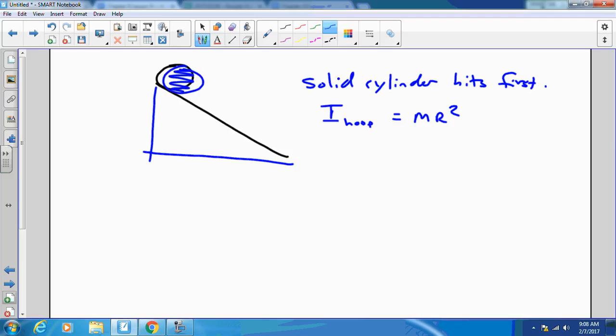It's pretty clear why the moment of inertia of the hoop is mr squared, because all of its points of mass are at a radius of r. So that's very straightforward. This guy is 1/2 mr squared, and you get that by integrating r squared dA.